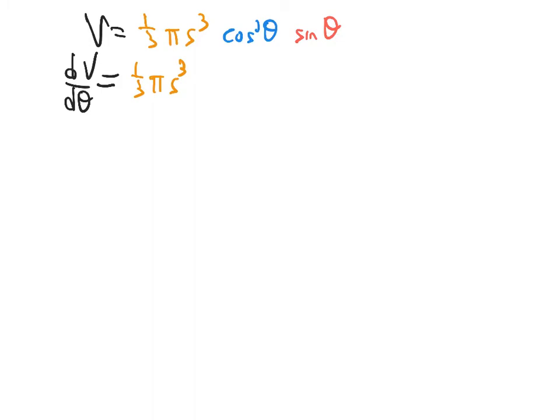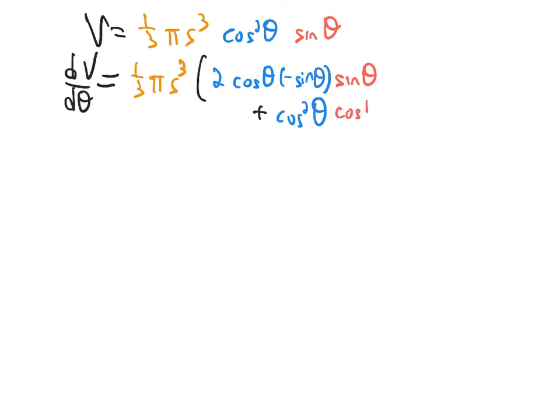So when we take product rule, we end up with the derivative of the first, which is 2 cosine to 1 less power times the derivative of cosine, which is minus the sine, times, of course, the second. And then we add to that the first one, cosine squared theta, times the derivative of the second, which in this case is just cosine theta.